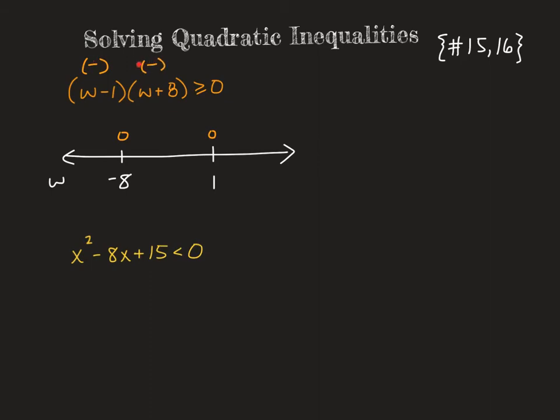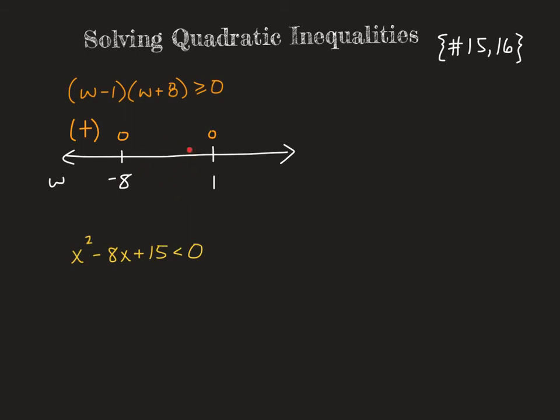Therefore, when you multiplied those two negative numbers, it would yield a positive result. That positive there means that anytime you plug in a w value that's less than -8 over here on the number line, you'll get a positive value here. That's eventually what we want. All right, let's try plugging in another number in this interval, in between -8 and 1.